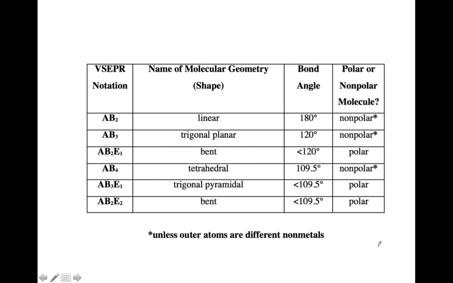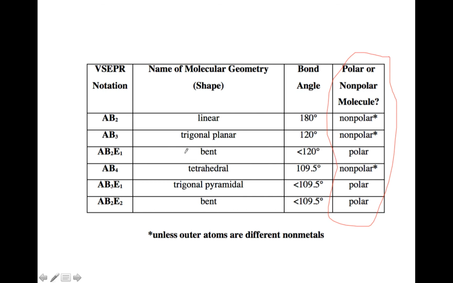So this table, you probably saw this before in the VSEPR video. It's the same three columns as in the VSEPR video with the VSEPR notation, name of the molecular geometry or shape, and bond angle in the first three columns. So the only new thing is adding a fourth column to tell you whether it's going to be polar or nonpolar based on its VSEPR notation.